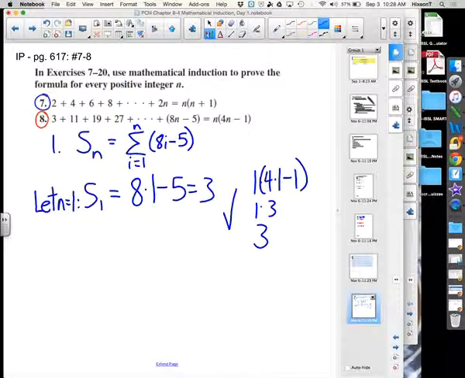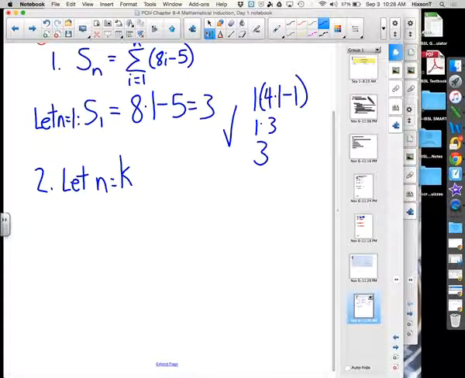So then our second step, we're going to let n equal k. And here we're just making a statement, that for some value k, this is true.